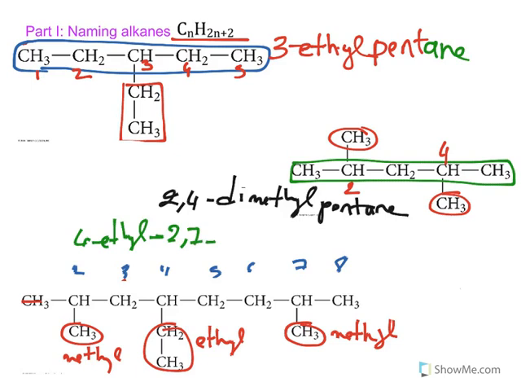I have 2 substituents of the same name, so I will use the prefix di, methyl, and the parent chain made up of 8 carbons, which has the prefix oct, and this is an alkane. It will end with -ane. Thank you.